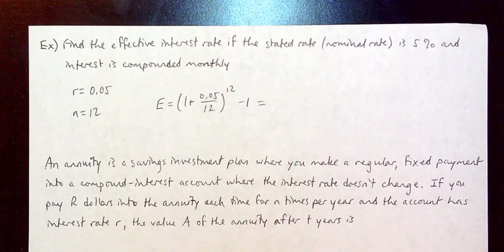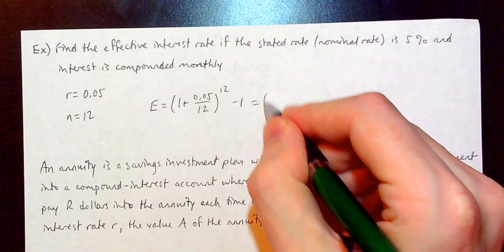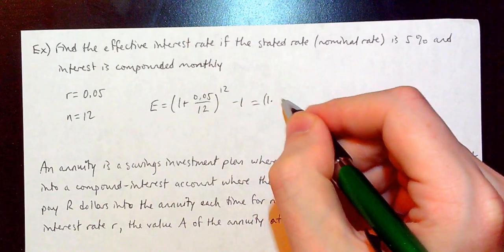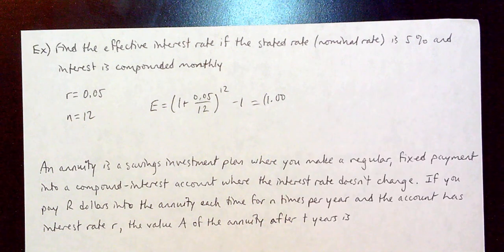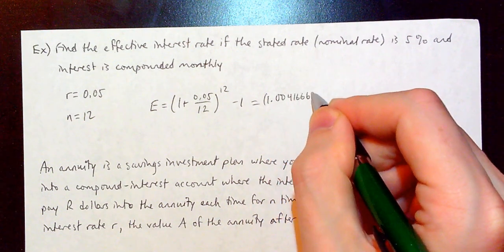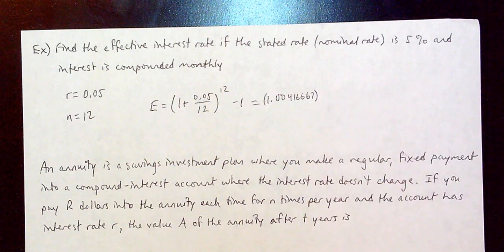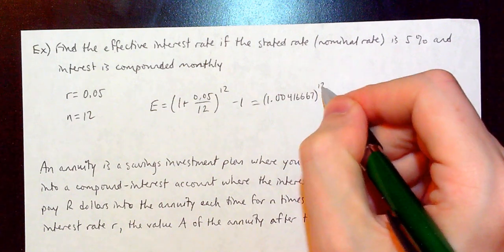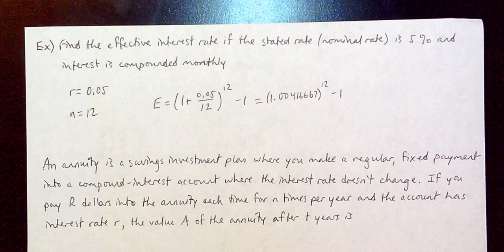If you do 0.05 divided by 12, and then add 1 onto that result, you get, rounding to several decimal places here, 1.00416667 approximately. And we're going to raise that to the 12th.